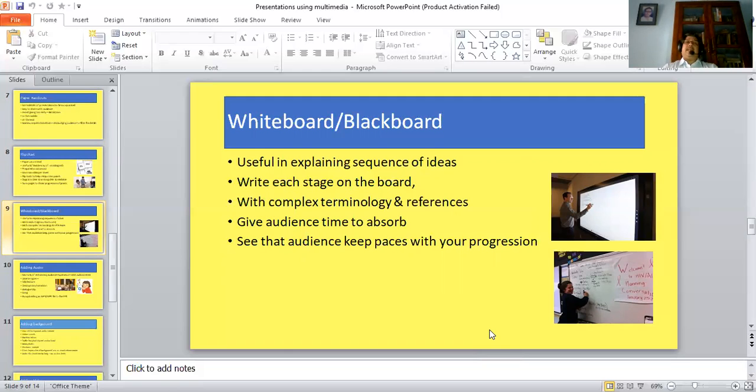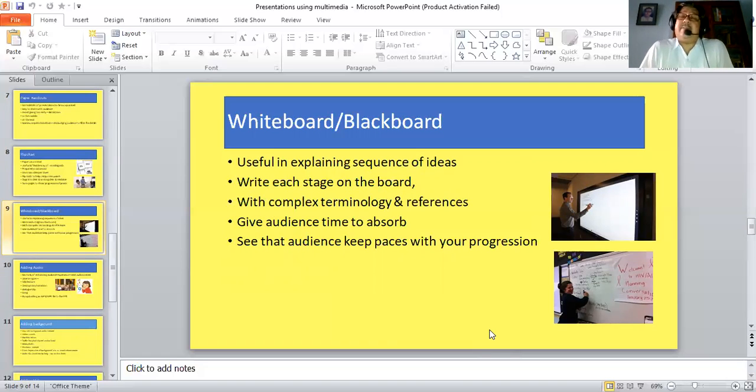Also, you have to keep a check that the audience keeps pace with the rate of your progress. If your progress is too fast, your audience will not be able to keep pace with you. Or if it is too slow, the audience will again tend to get bored. So again, there should be a kind of balance in what you are saying and what you are writing there on the board, or what is written already on the board.